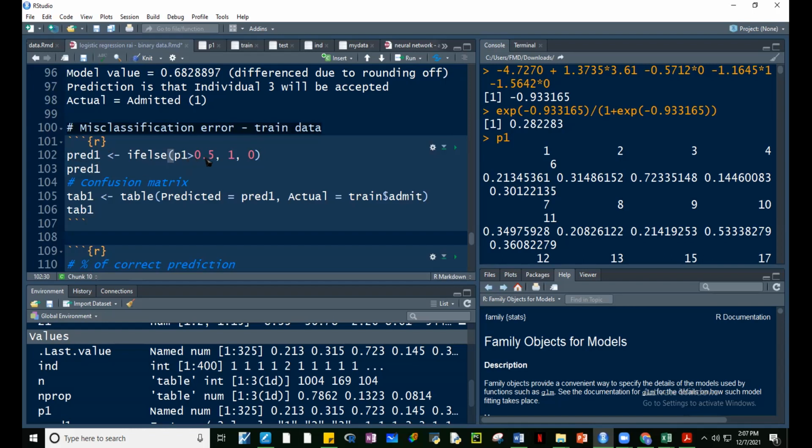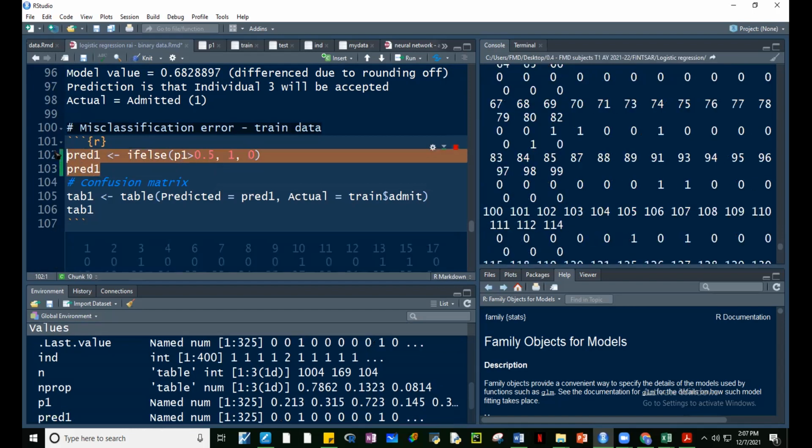Lahat ng P1 na greater than 0.5, gawin nating 1 yon. Otherwise, 0. So we use the if-else function. So we're creating an object called pred1 where it's coming from P1. So lahat ng P1 na greater than 0.5, papalitan ng 1. The rest will be 0. Okay, so let's run this. Control Enter.